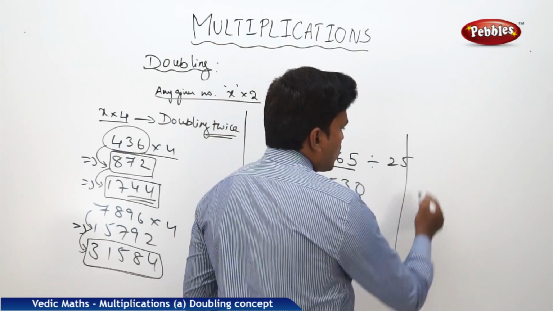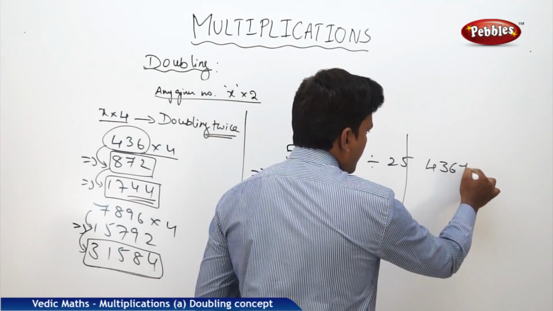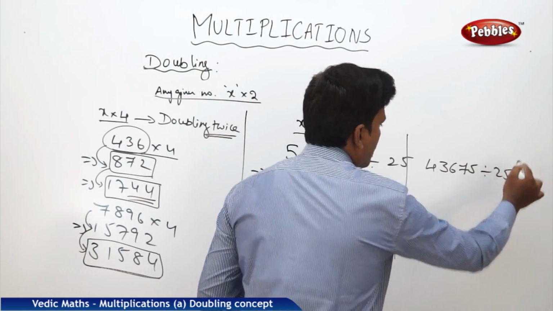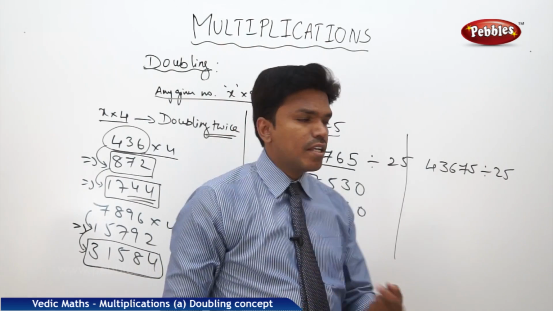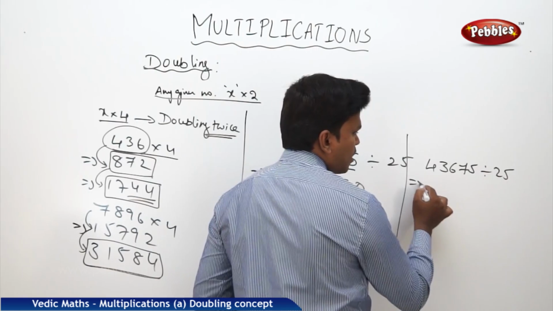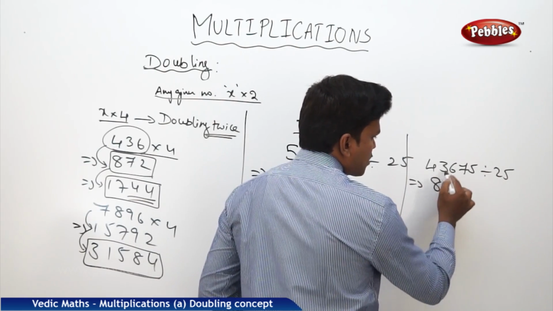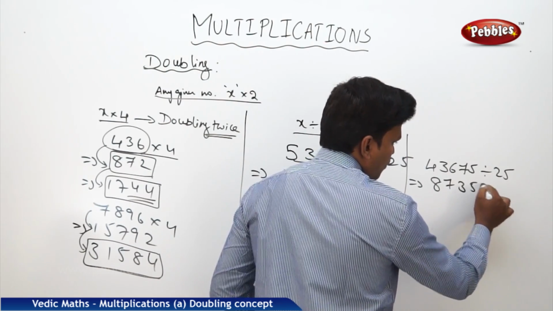Okay, one more example. Let us take 43675 division by 25. I want to divide this number by 25. Again the same way, double the number twice and put a decimal point after 2 digits from right. So double the number: 87350.